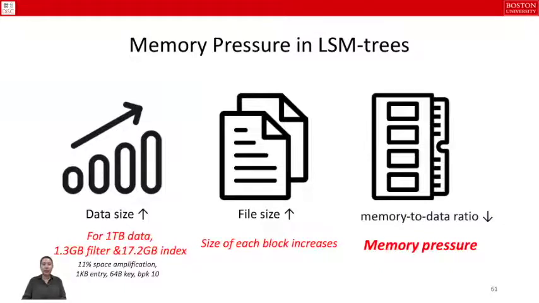Moreover, LSM-Trees use memory for a number of different components: the block cache to enhance the lookup performance, the in-memory buffer to store incoming data, temporary memory to compact the data, and memory to support ongoing range queries.